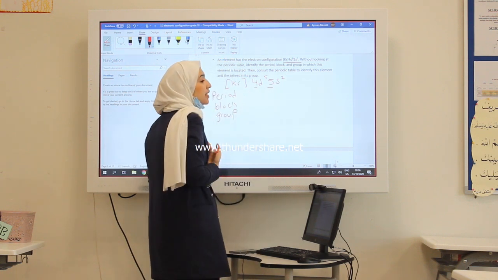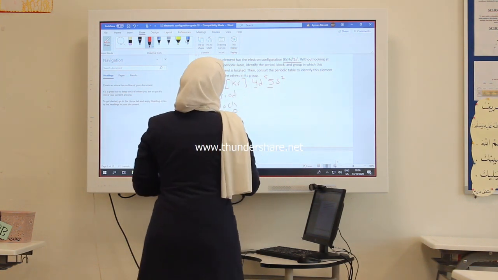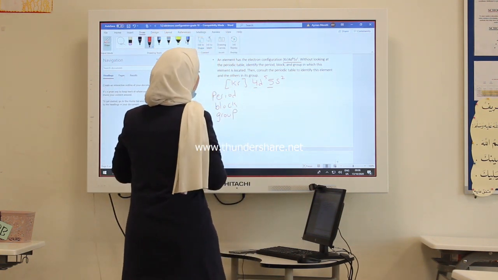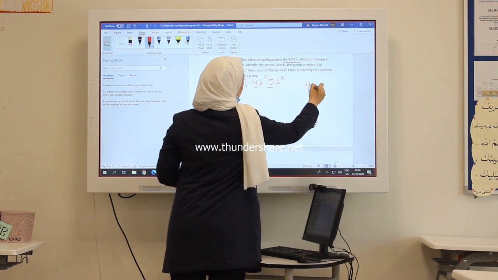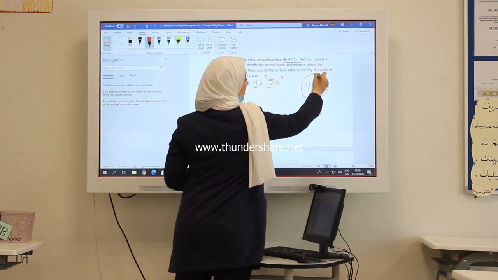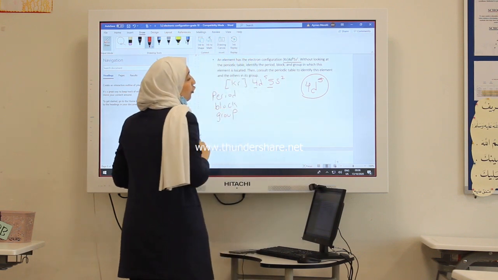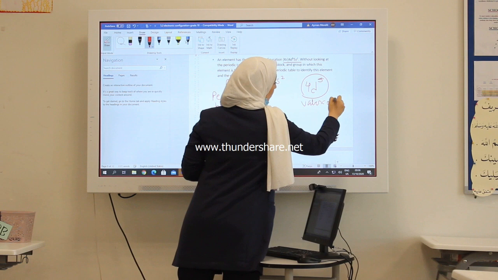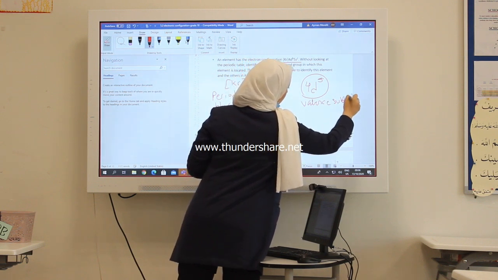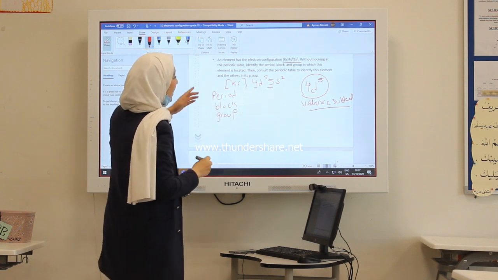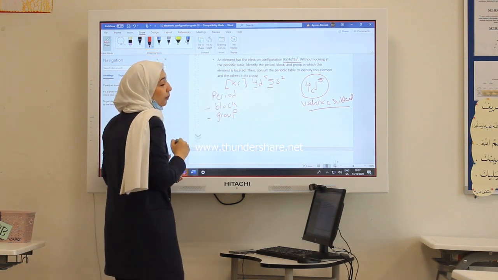Which one represents the valence one? 4d, because d is stronger than s. This one is a little bit tricky, but take it step by step with me. 4d5 is the valence sublevel, right?